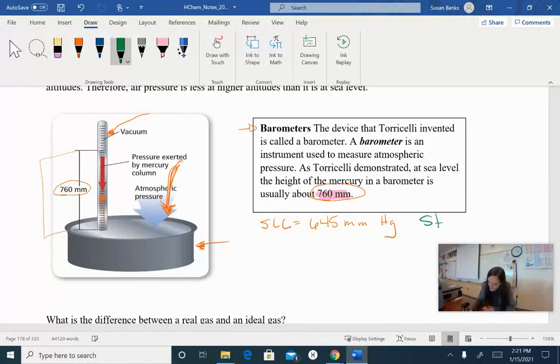Okay, and we will use standard pressure. Sometimes it's called normal pressure. So standard or normal is something that we use all the time, especially when we're using gas laws.